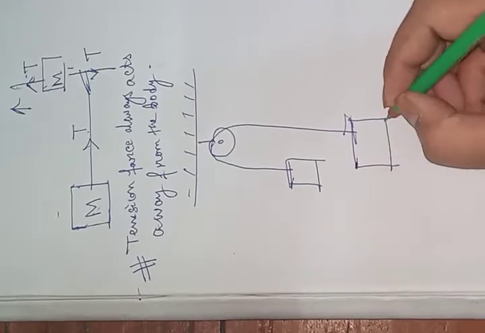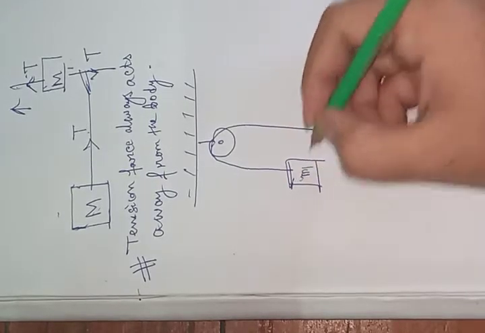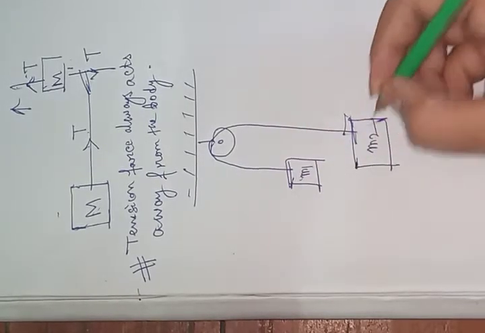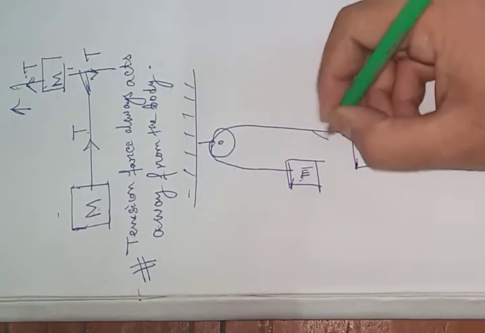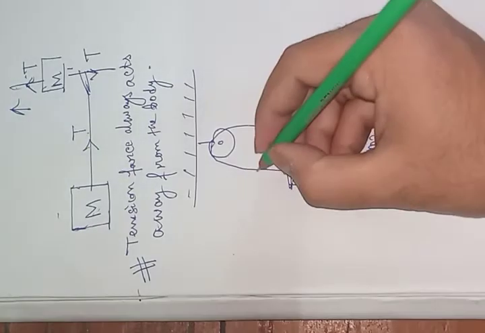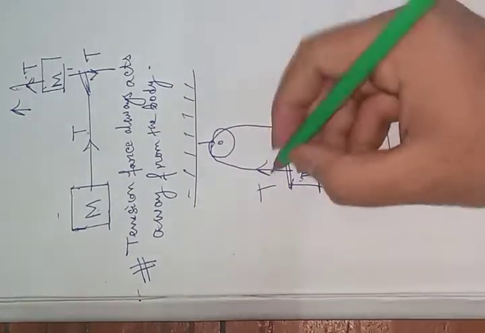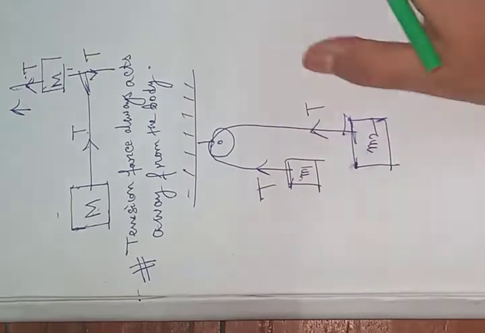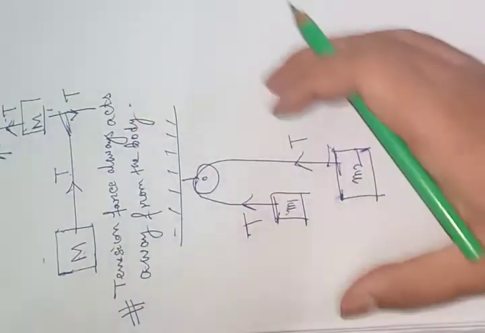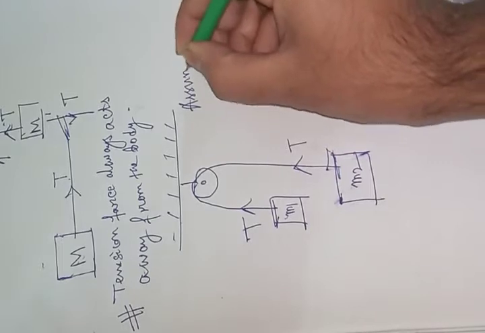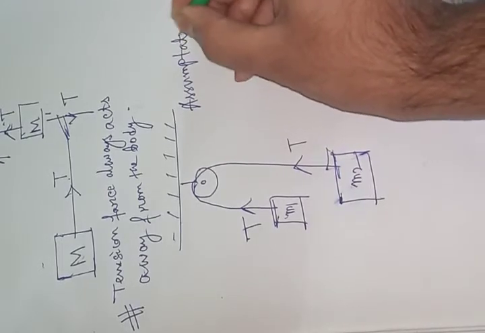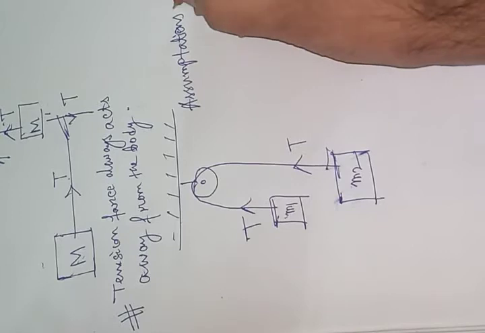Suppose this is m1 and this block is m2, and the tension is always away from the body. So here's the tension. And remember, in this type of question there are some assumptions that we have to take in order to proceed in the numericals.